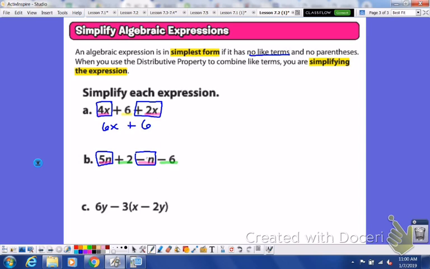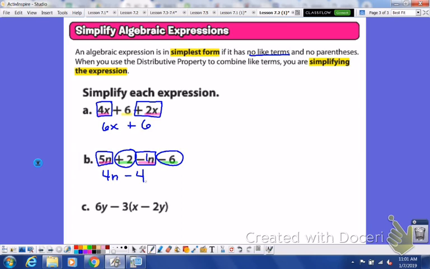Well, 5 minus 1 gives me 4n. Notice my exponent is not changing with my n. I'm only working with my coefficients. Then positive 2 minus 6 gives us a negative 4, so 4n minus 4.